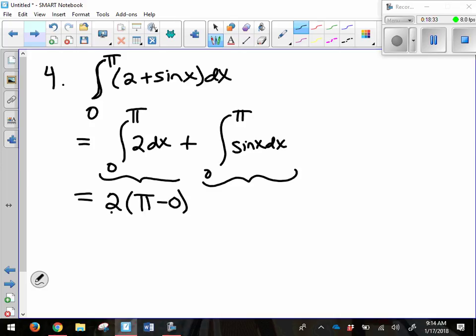It's equal to the constant times the upper limit minus the lower limit. Okay? And then what's the integral from 0 to pi of sine x dx? 2. Okay? So my answer is 2 pi plus 2.